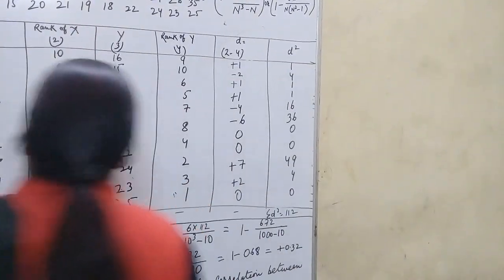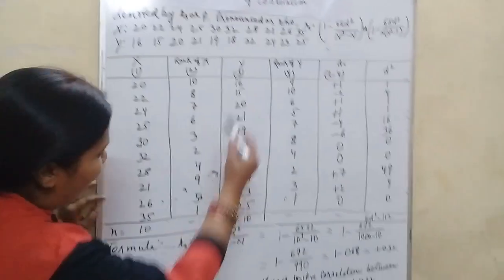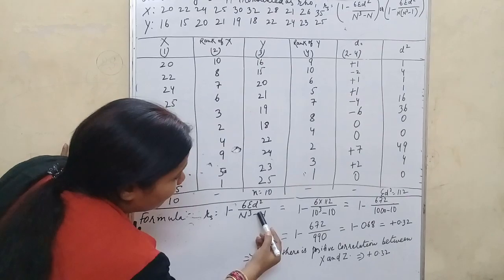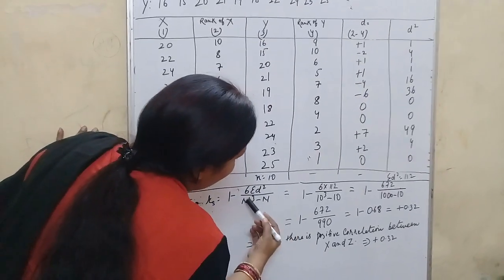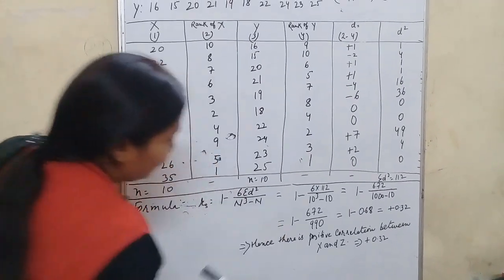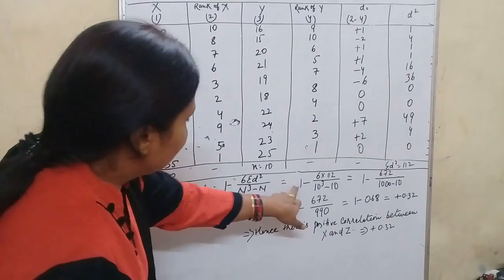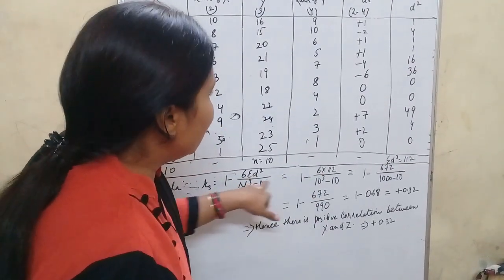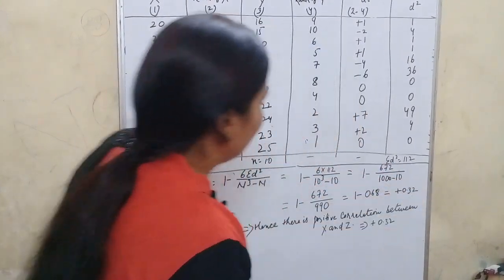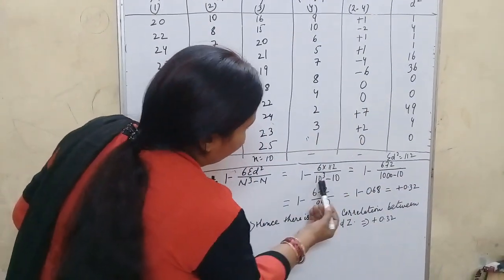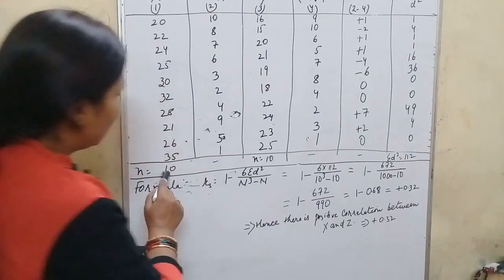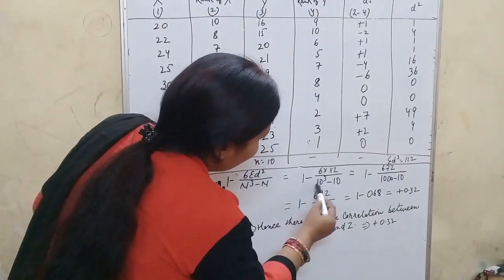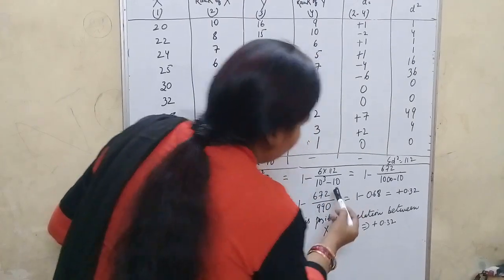Now we put in the formula of Spearman rank correlation. RS is equal to 1 minus 6 summation d square by n cubed minus n. So 1 minus 6 into summation d square, which is 112, and n is equal to 10, so 10 to the power 3 minus 10.